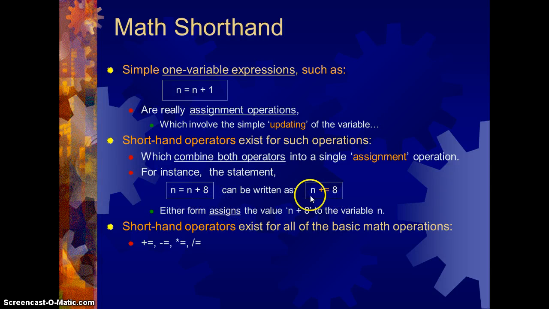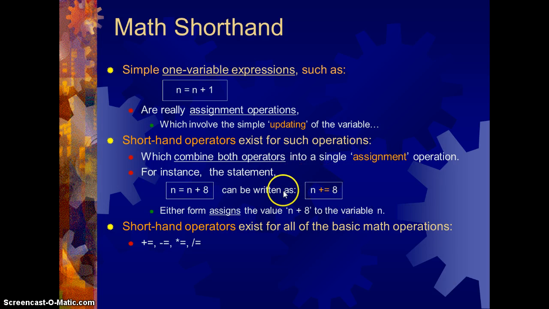So how much savings in writing do we get out of this? This and this are supposed to mean the same thing. I have to write n, I have to write equals, and then plus. So the only thing I saved in creating this new notation is not having to write n one extra time. That doesn't seem like it's really worth it. But anyway, that's what they have.